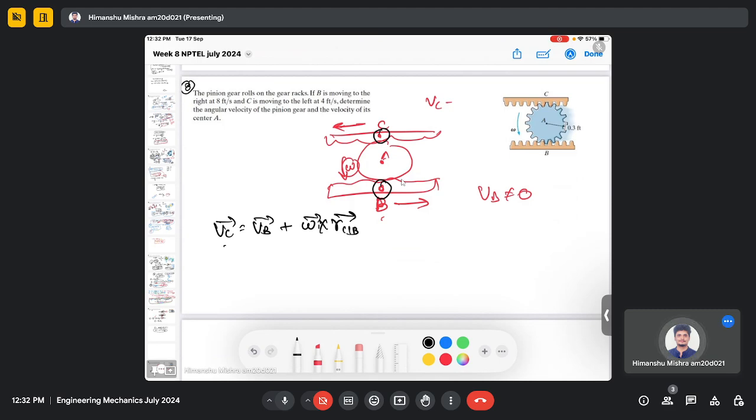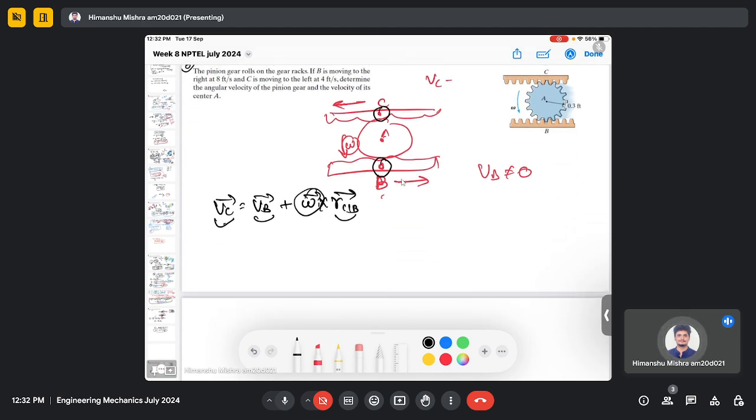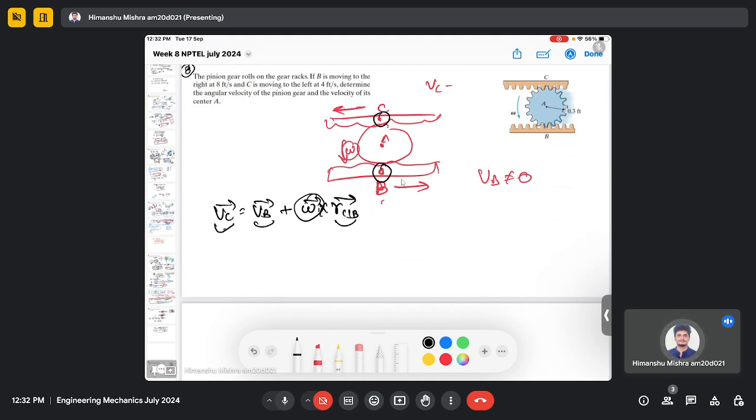From this expression, because we are given these two, Vc and Vb, and we also know this quantity, we can easily find the omega, right? So my Vc is in the negative x direction because it's on the left side, and the magnitude of Vc is 4 feet per second, so it is minus 4 i.